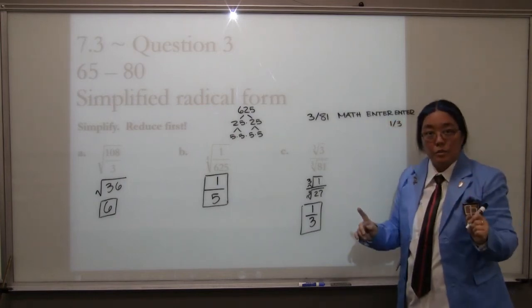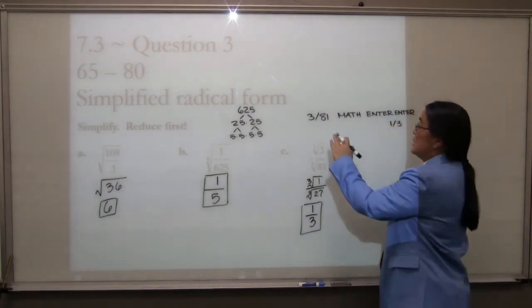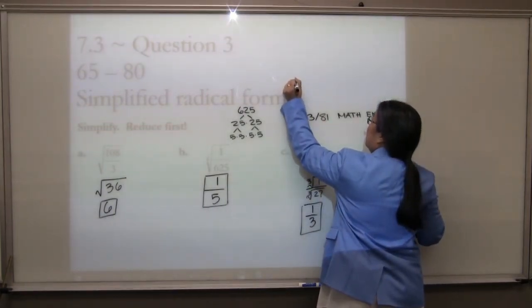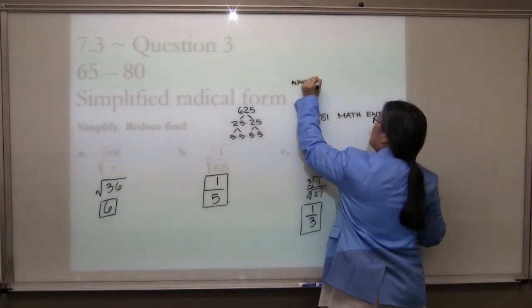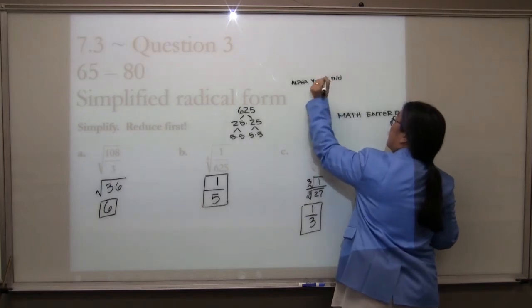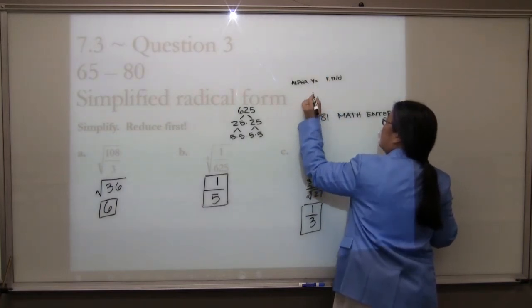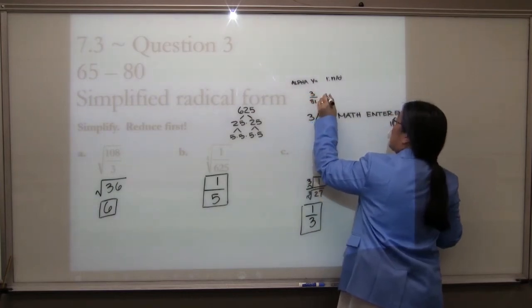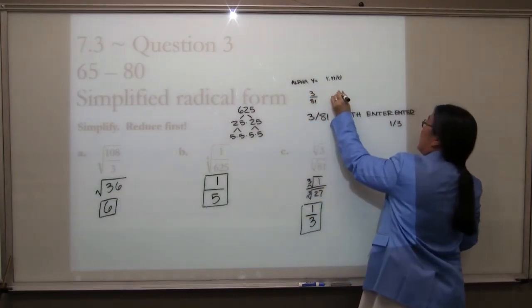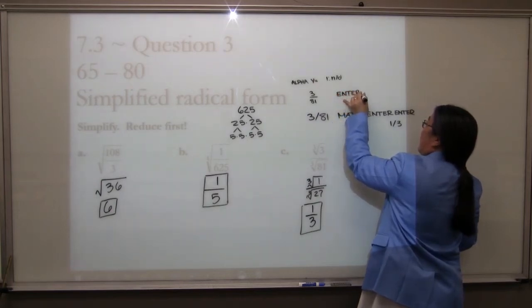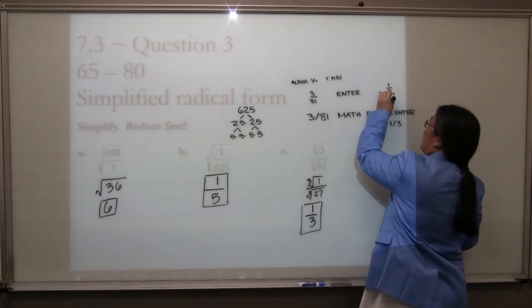If you have one of the newer operating systems, to put in 3 over 81, you could hit, I believe it is Alpha and Y equals, and pick the first choice, which is numerator over denominator, and that will give you a way to enter in as 3 over 81, in which case you can just hit enter, and it will give you 1 over 3.